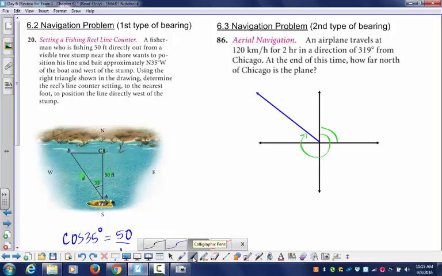So there's 90, there's 90, there's 90. So 3 90s is 270. And then that leaves us with a reference angle here of 49 degrees. Are you okay with that?